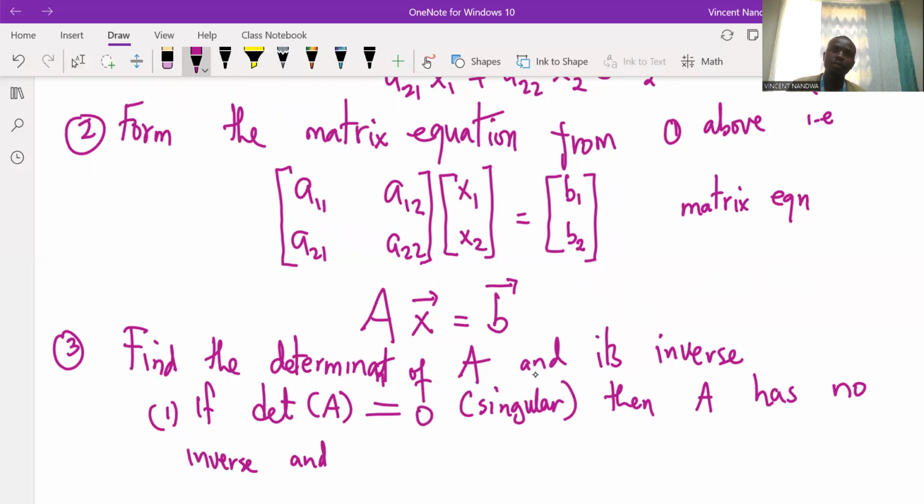And hence the simultaneous equations have no solution.